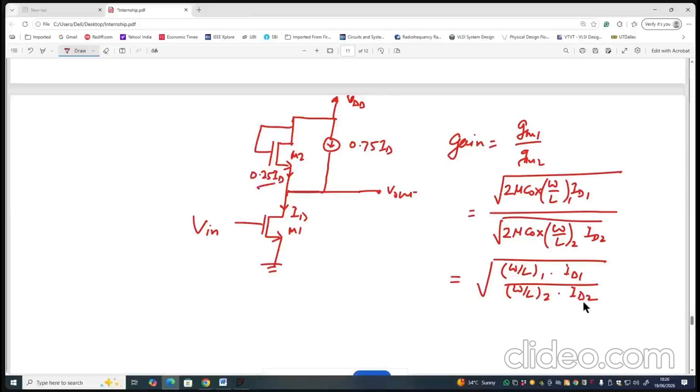So for the given case, it will become 2 times the square root of W upon L1 upon W upon L2. This will become 0.1 upon 0.25, that comes out to be 4, and square root of 4, so 2 comes out.